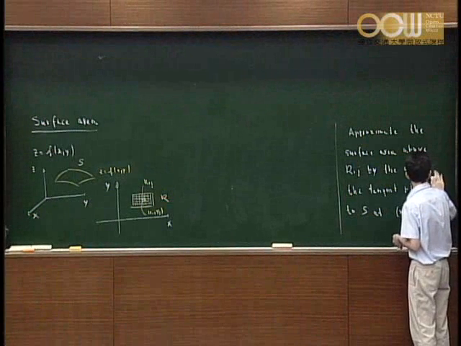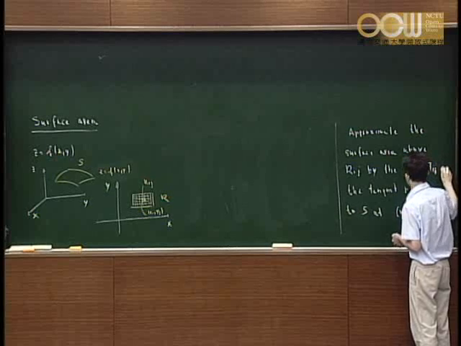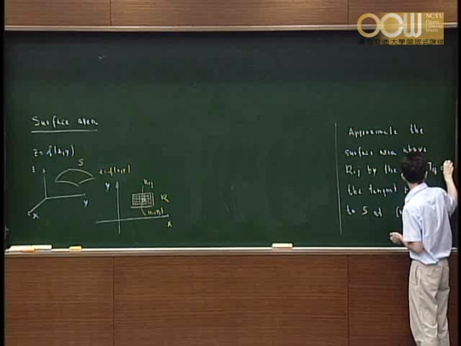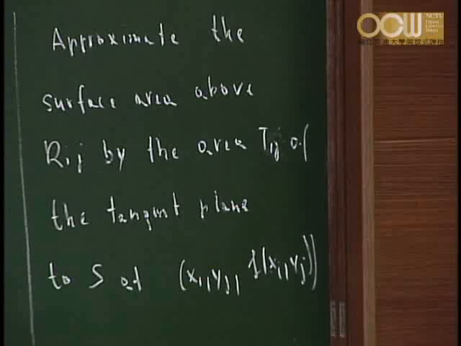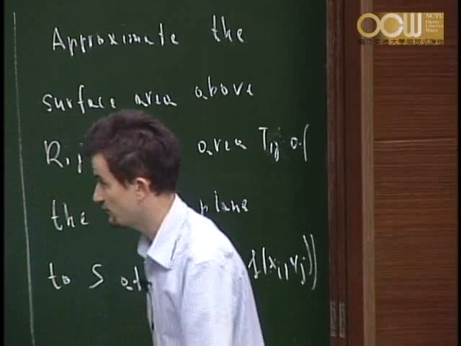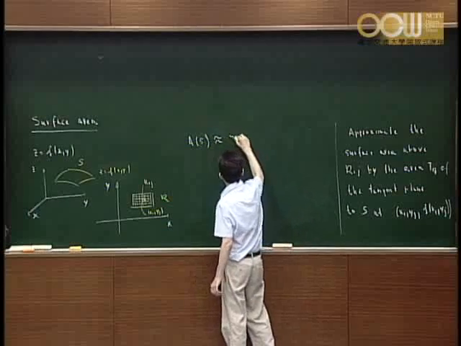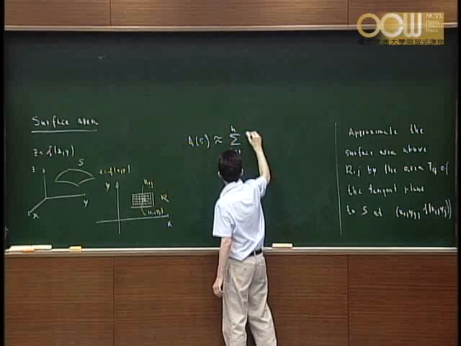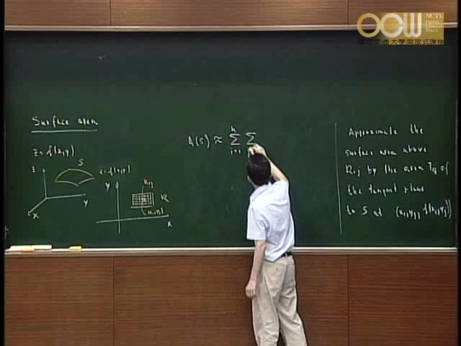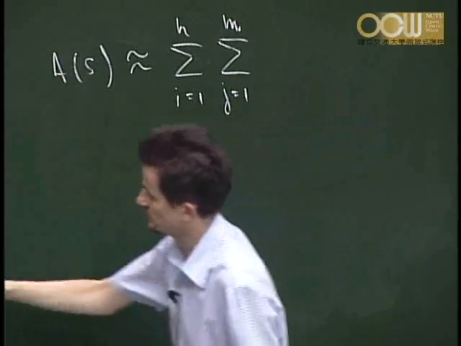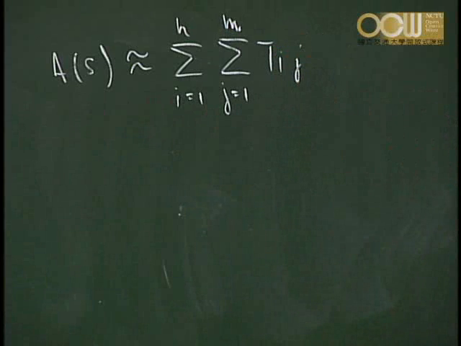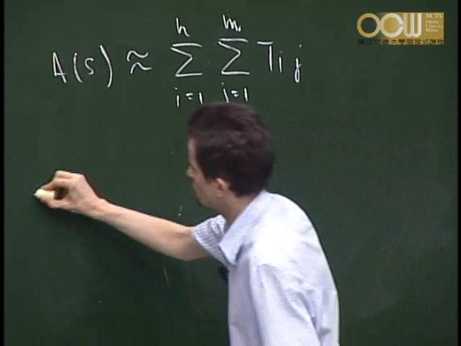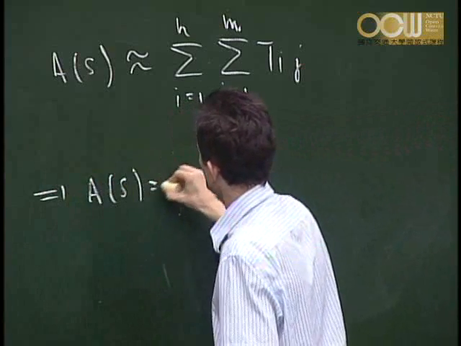So let's maybe call the area of the tangent plane Tij. Okay, then what we actually want to compute is the surface area of S, and using this kind of idea, we can approximate it by the sum i from 1 to n, sum j from 1 to m of the Tij.